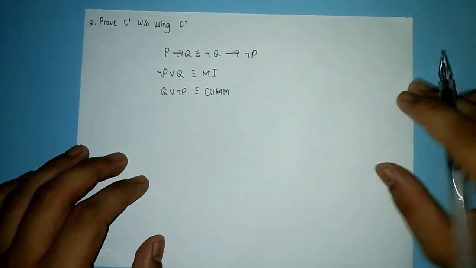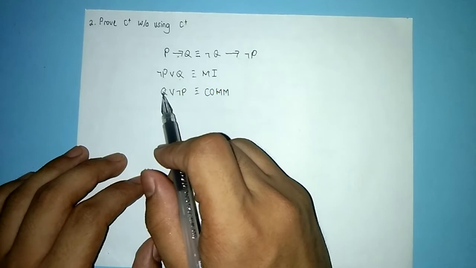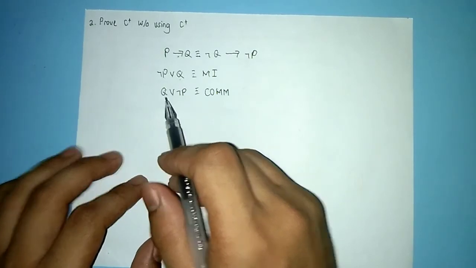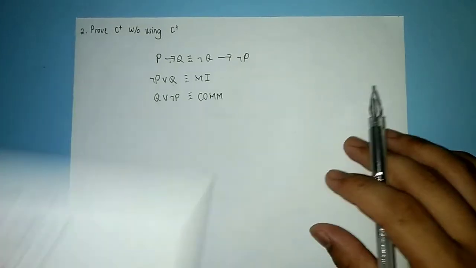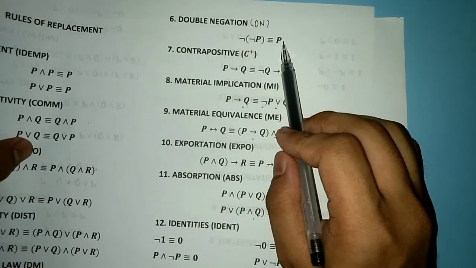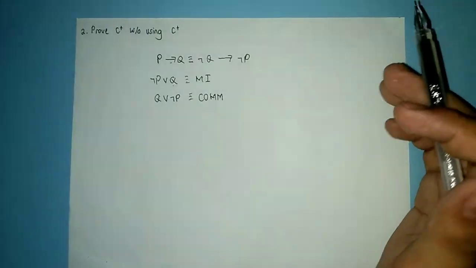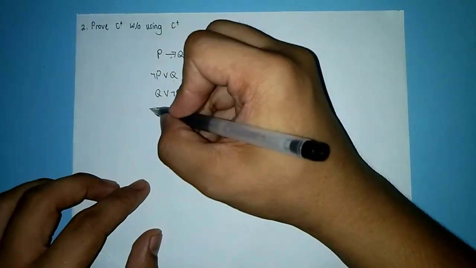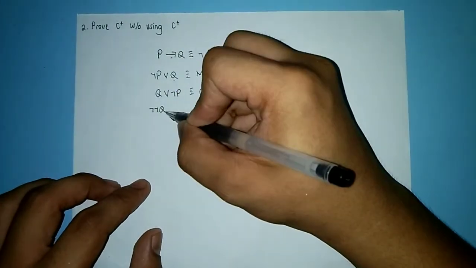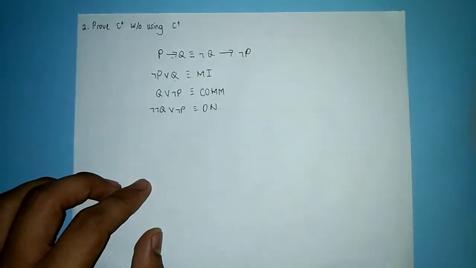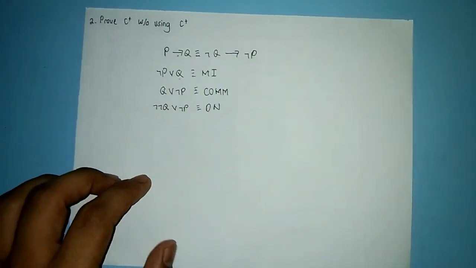So, next, etong Q, pwede ko siyang gamitan ng double negation. So, take note sa double negation, yung P, pwede nating palitan ng not not P. Okay? So, yung Q, pwede natin siya palitan ng not not Q or not P by DN or double negation.